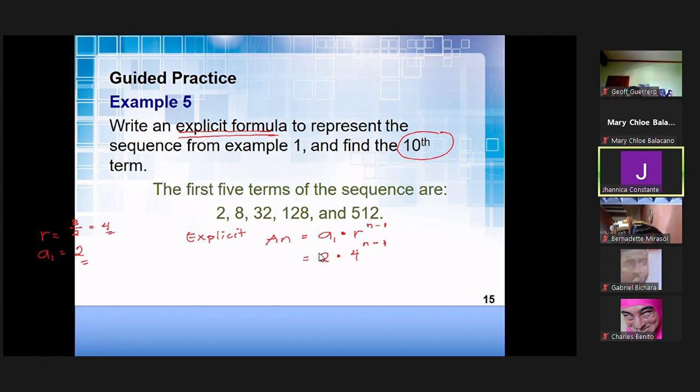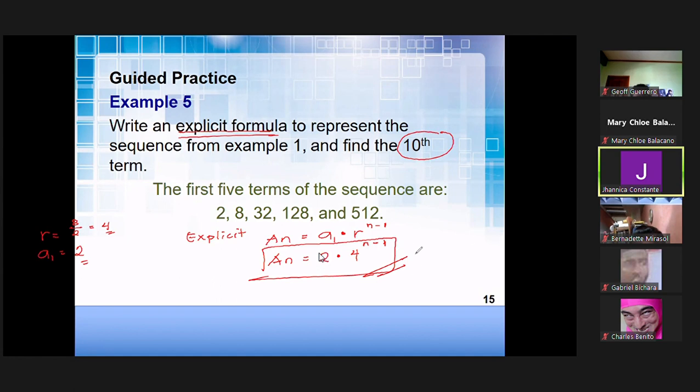So, in writing explicit formula of your geometric sequence, you're not going to change the value of n or the variable n in the formula. It's still n in writing the explicit formula. After substituting the value of the first term and the common ratio, you have already your explicit formula. So, if you change lang si first term at saka si common ratio, you have already your explicit.